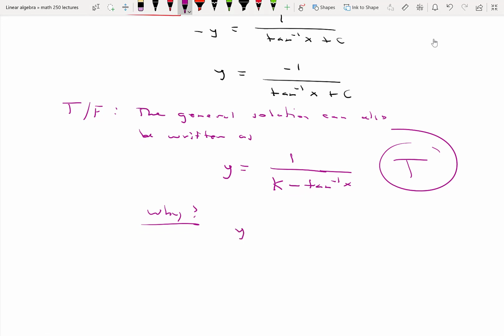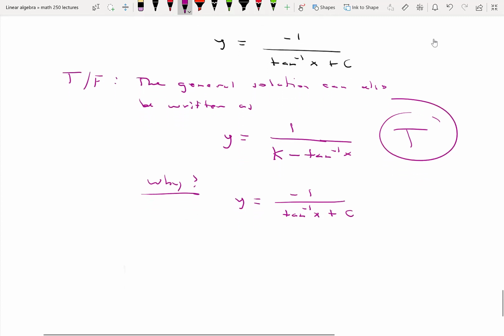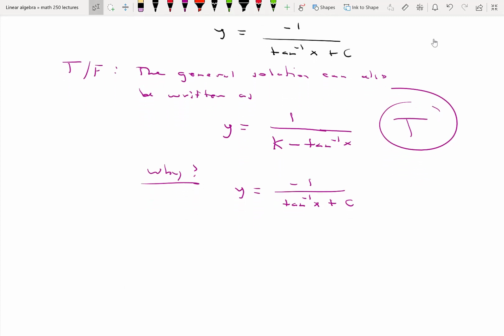Your solutions may not look like the ones offered in the back of your textbook. And the reason primarily is your author juggled constants to form different forms of the same solution. So if you take the negative 1 in the numerator and put it in the denominator, or more technically, if you multiply numerator and denominator by negative 1, you get this.